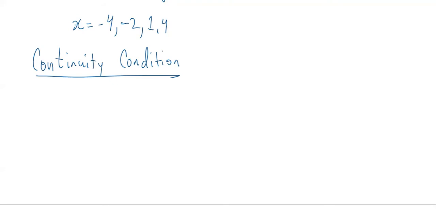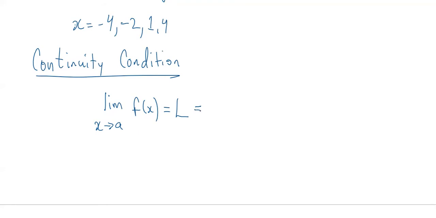So the condition for continuity is if the limit as x approaches a of f at x, and remember, for that to be true, the left-hand limit has to equal the right-hand limit. That's all summed up in this part of that statement. Does that make sense? Equals some value, so the limit has to exist and it has to be a value.